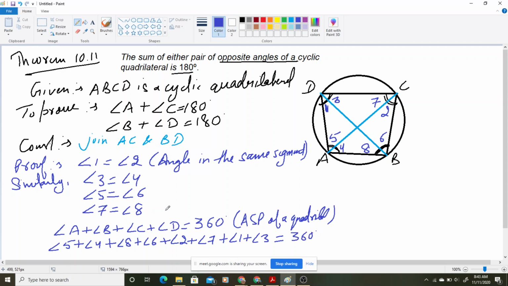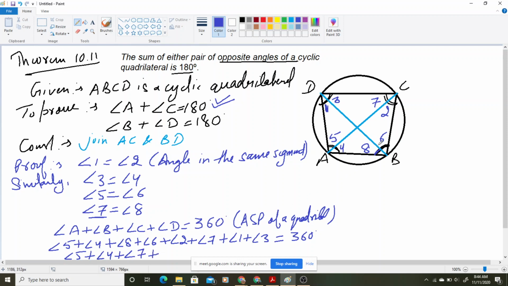Now you need to remember, देखो हम ना angle A और C का sum 180 prove कर रहे हैं. We are doing the first part, angle A plus angle C is 180. So I need angle 5, क्योंकि angle A मुझे चाहिए, angle 4 also I need. But should I need this angle 8? क्या मुझे angle 8 की ज़रूरत है? No, because I am taking angle A and C in consideration. So in place of this angle 8, what can I write? Just see above, angle 8 की जगह मैं angle 7 रख रहा हूँ.